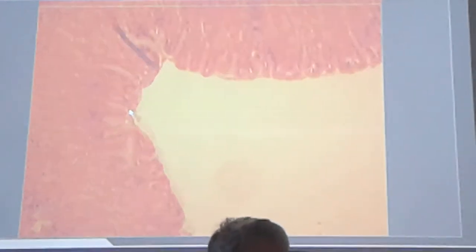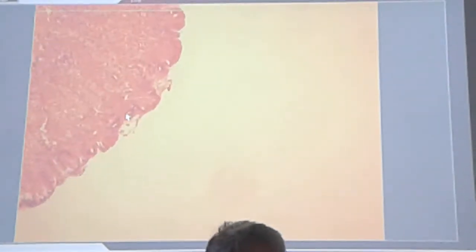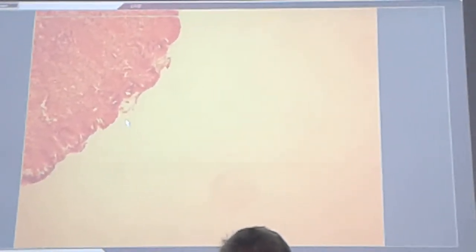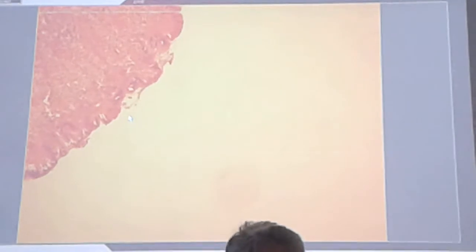Now we can increase our magnification to see more about the types of the cells. First of all, the mucosa is lined with columnar epithelium. Different from the esophagus, the surface of the stomach is lined with a columnar type of epithelium. How do we recognize it?